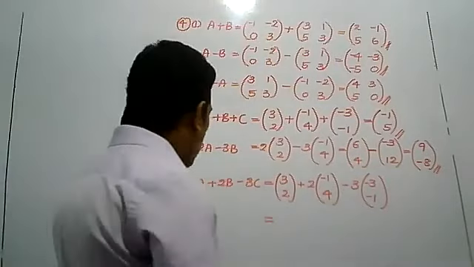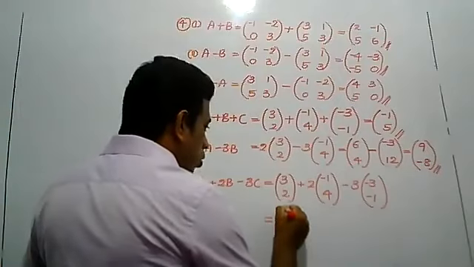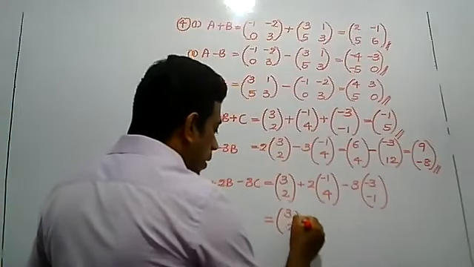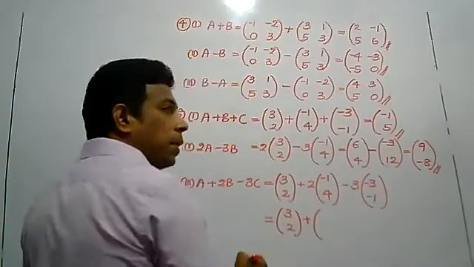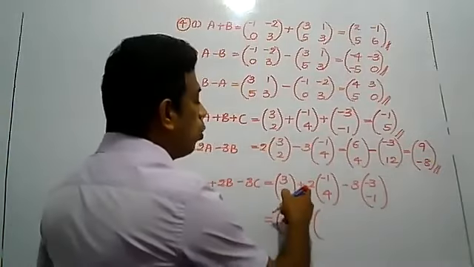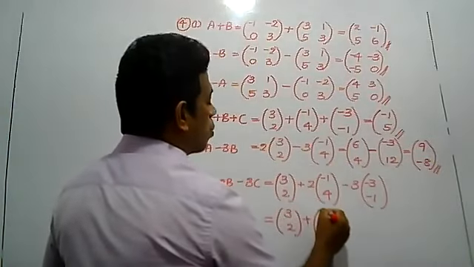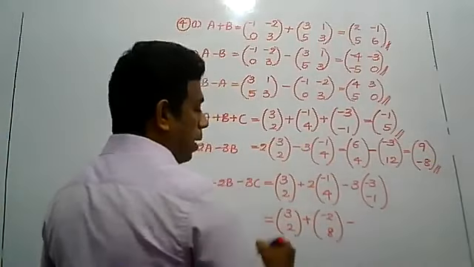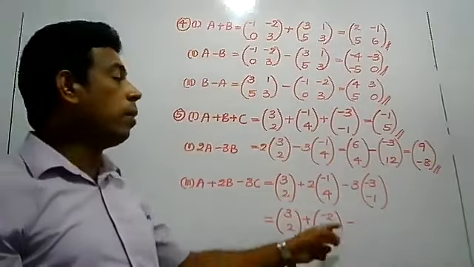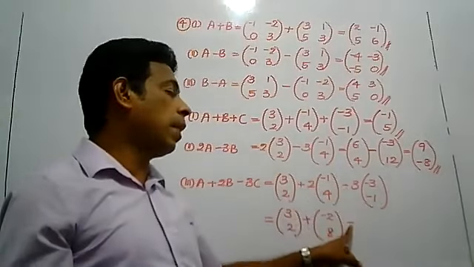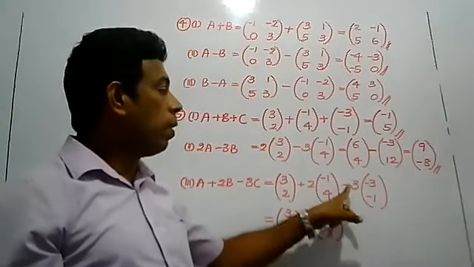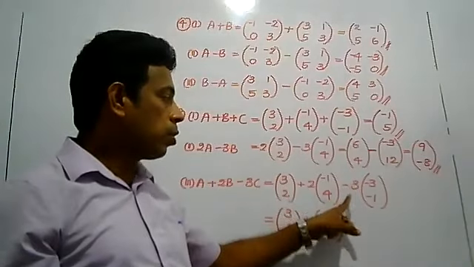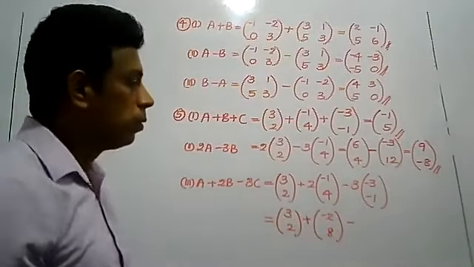Matrix A, 3, 2. Matrix B multiplied by 2: 2 into minus 1 is minus 2, 2 into 4 is 8. I told you, you can multiply by minus 3, then the sign becomes positive. If you multiply by plus 3, the sign should be negative.